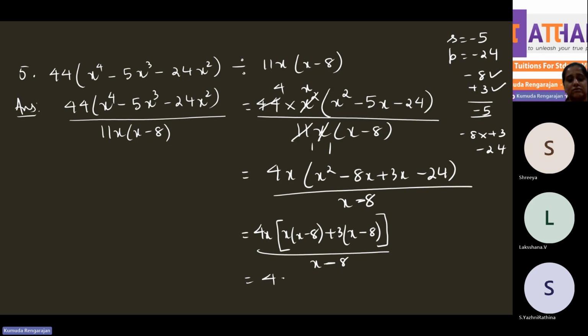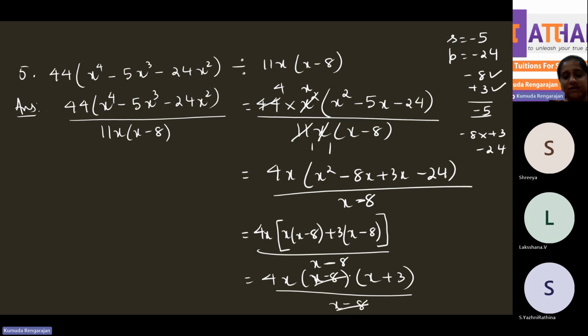Now 4x. Finish that one more step we have when we split the middle term. In the brackets, we have x minus 8, write it once, and then gather the other terms, x plus 3, in another bracket, divided by x minus 8.